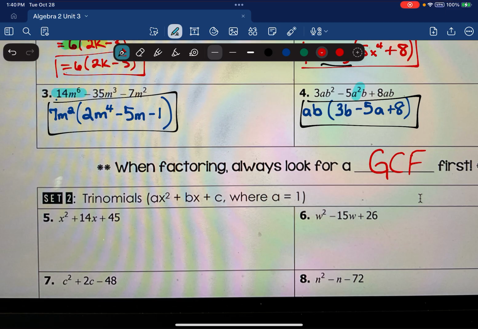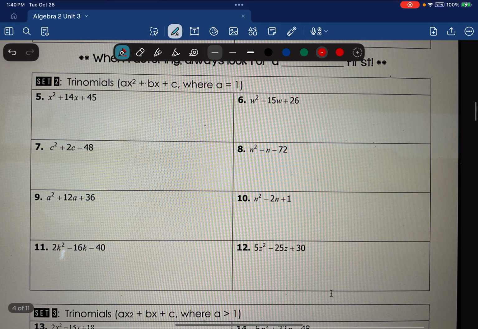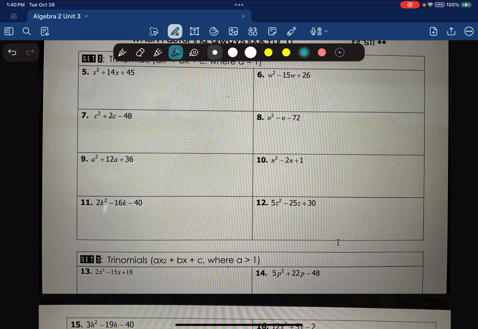And then if there isn't, we're going to do one of 2 methods. If you have your trinomial and a is equal to 1, we're going to do the x method. If a is bigger than 1, if you scroll down, you're going to notice in the next section, we're going to do slide and divide.